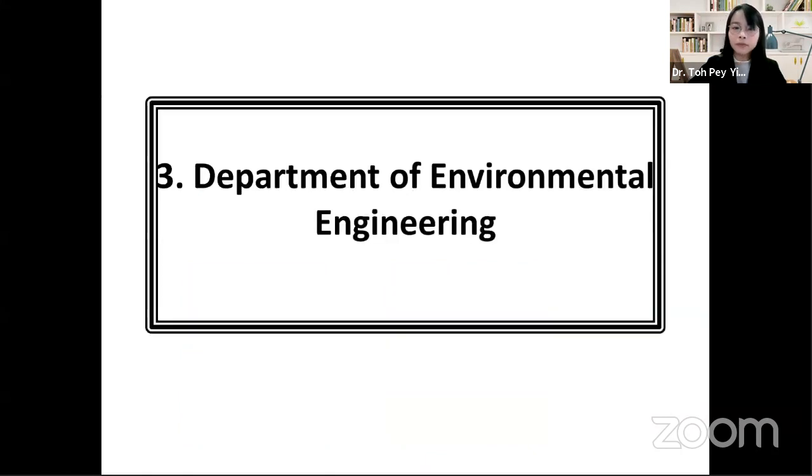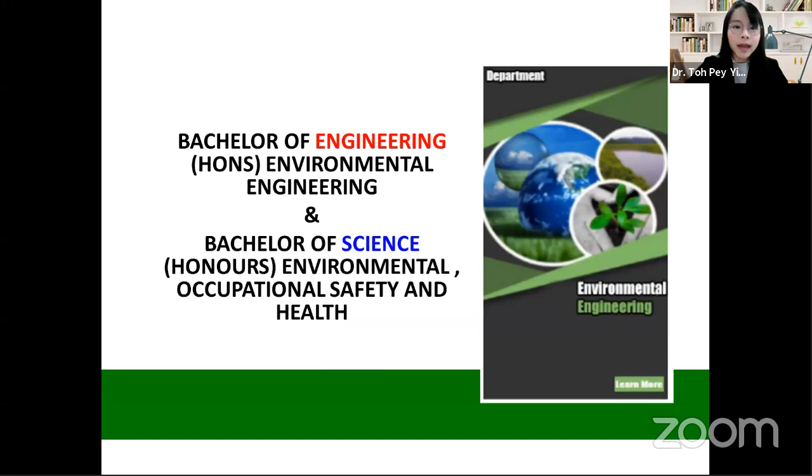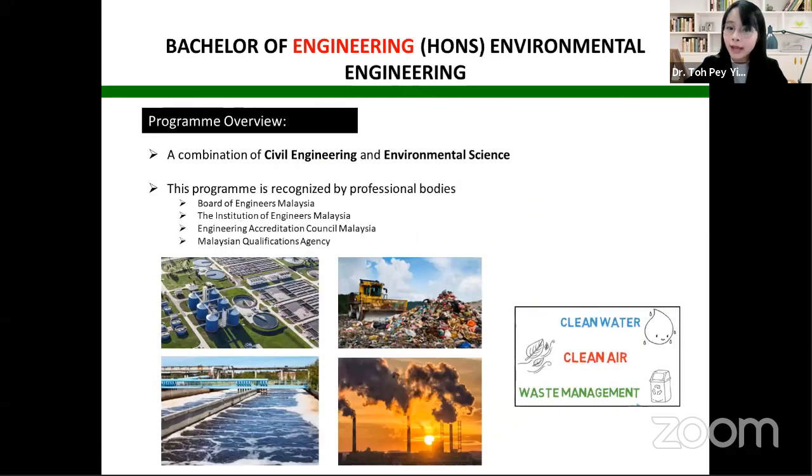All right. Now we continue with the Environmental Engineering Department. The Environmental Engineering Department offers 2 programs. One is engineering, another one is science. I will start with environmental engineering first. Environmental engineering is a program that is a combination of civil engineering and environmental science.